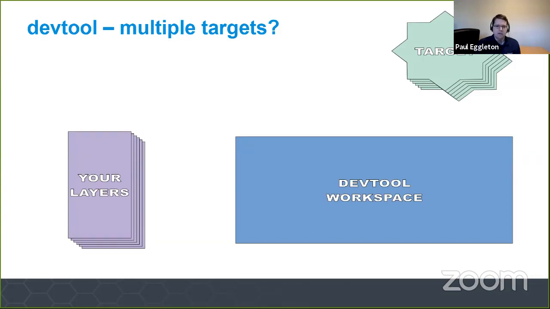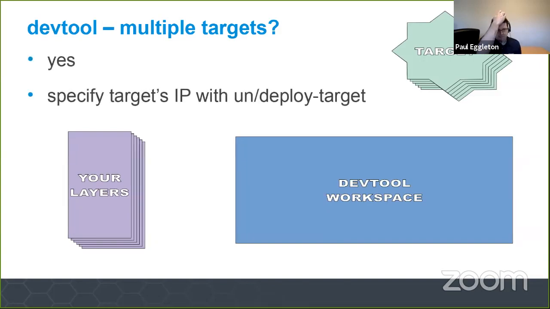If you were then to pick up an existing device and you do undeploy-target, it's going to know exactly what it needs to pull out, and then deploy-target again, and you'll get the result that you expect. So I mentioned here you'd specify your target's IP, for deploy-target and undeploy-target, to specify which target you're interested in.